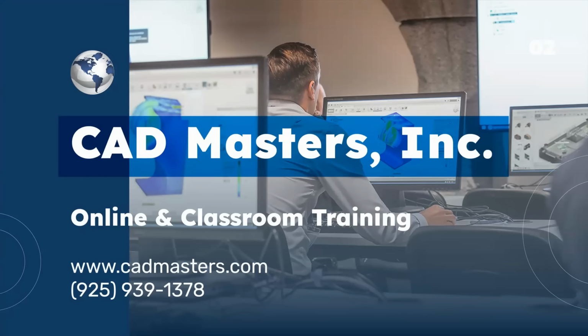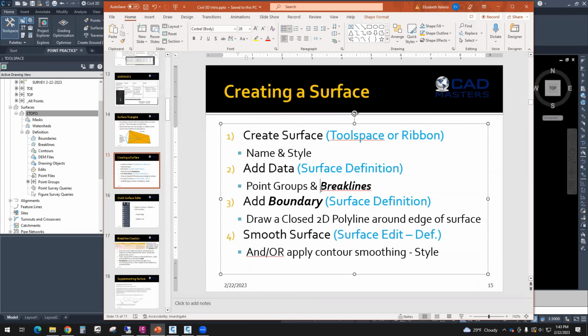So adding data, we added a point group. Another thing that most surfaces need is breaklines. Breaklines will hold a consistent slope across several points. So let's say I have a road design. The center line of the road should have a breakline.